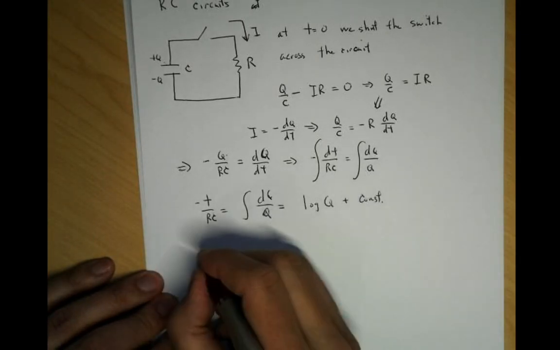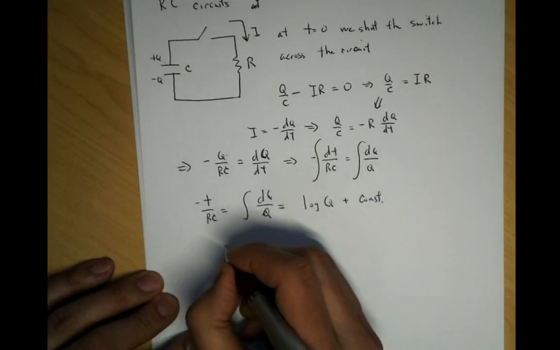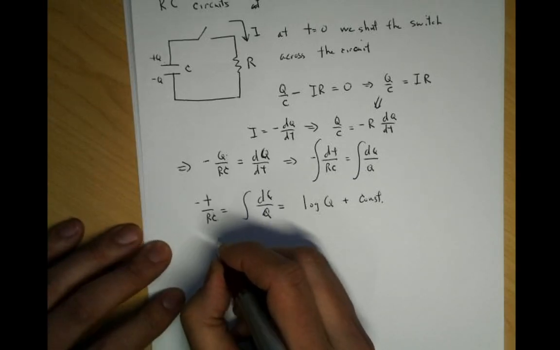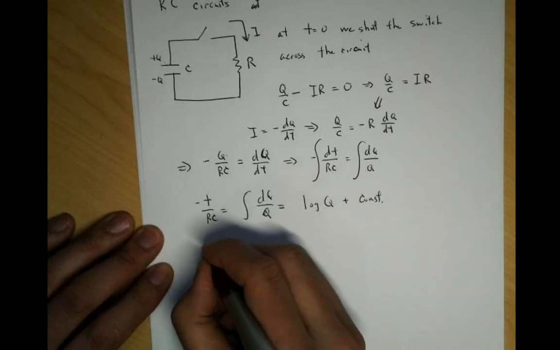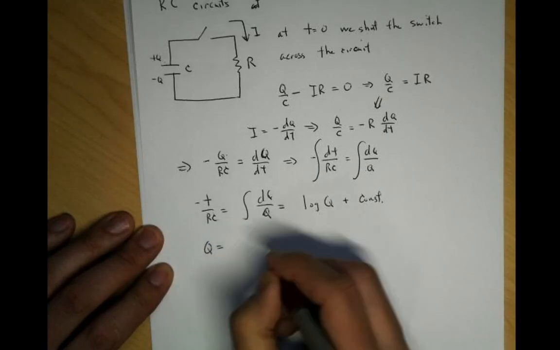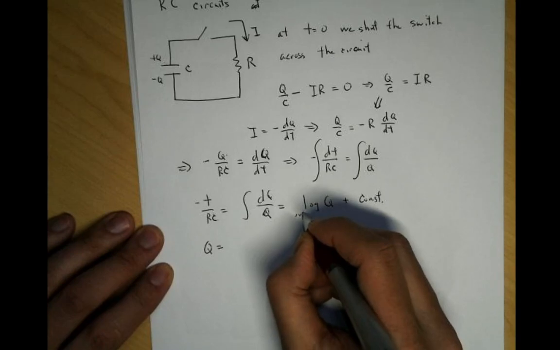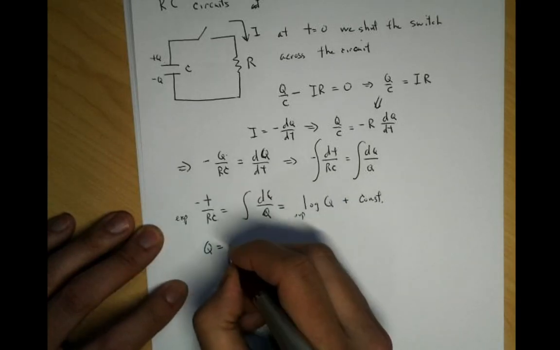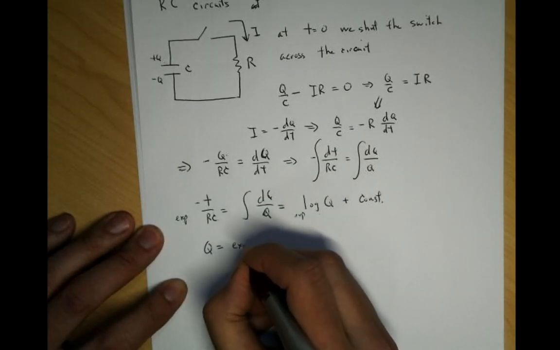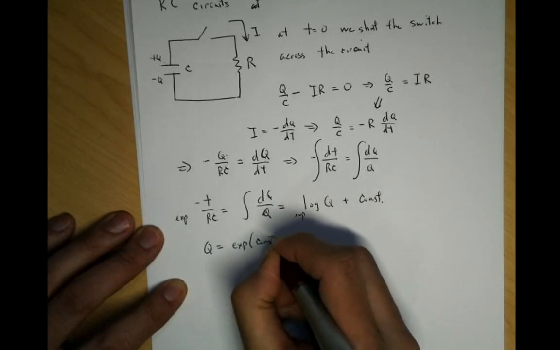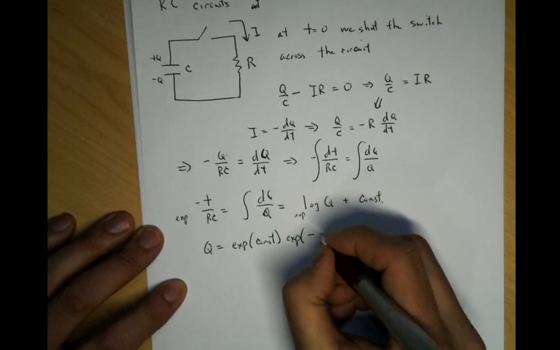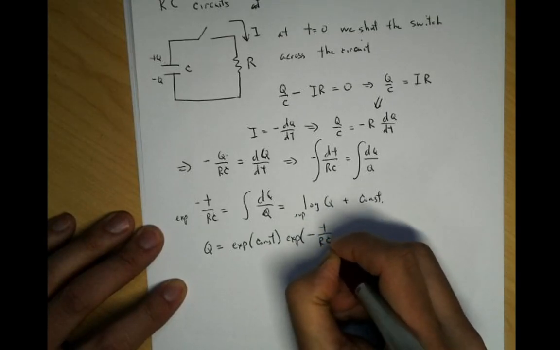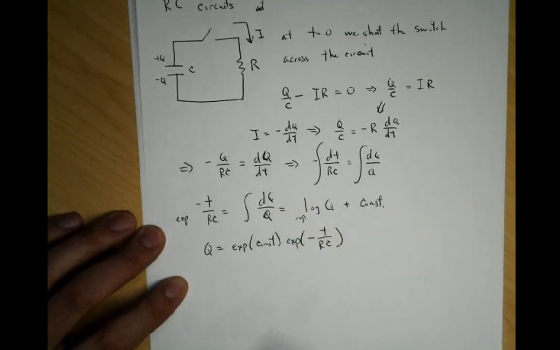And so, basically, if this is true, that means that Q is equal to, you take the exponent of everything, the exponent of a constant times the exponent of minus t over RC, right?